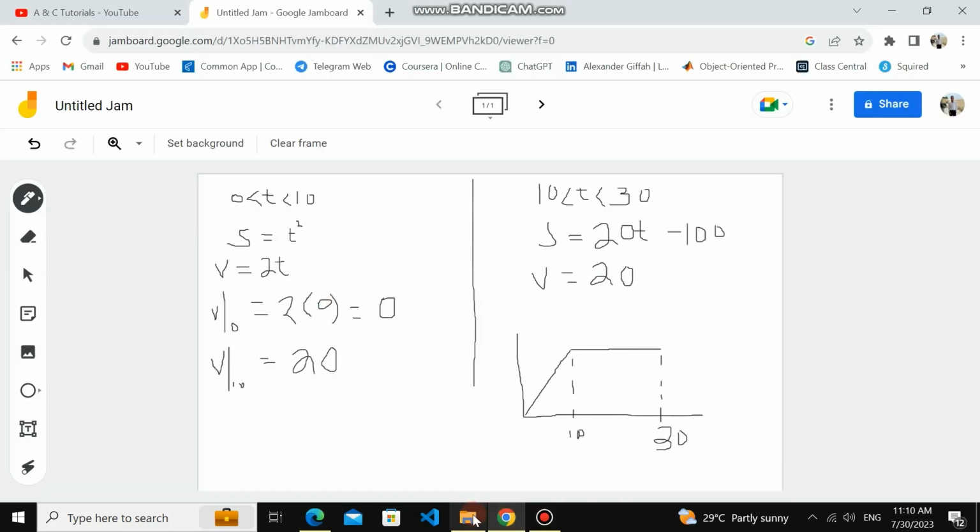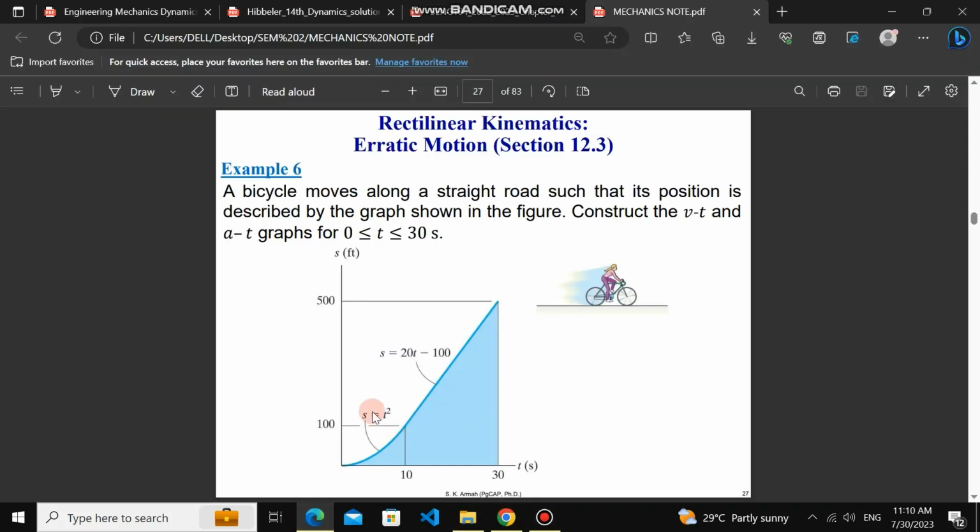So basically, you see that it's an erratic motion. The body moves in two pathways. The first pathway is from 0 to 10 seconds, where the body was traveling on the path whose relationship with t is t squared. Then from 10 to 30 seconds, it travels in a straight path, which is 20t minus 100.